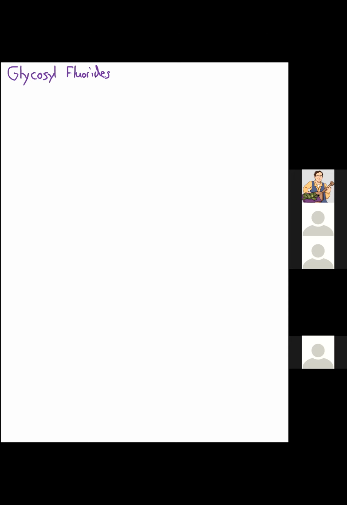This is in a German journal, 1981, page 431. This is Mukaiyama. He's famous for silicon chemistry, actually, most of what he's done, but he did some sugar chemistry too.